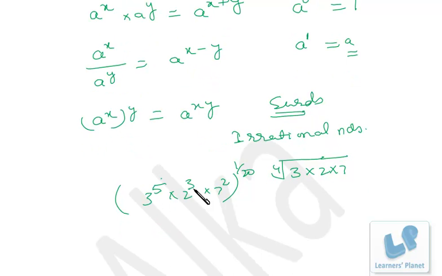If you wish to solve this, finally you'll get 3 raised to 5 into 1 by 20, that is 1 by 4, into 2 raised to 3 by 20, into 7 raised to 2 by 20, that means 1 by 10. So these are fractional powers of numbers, and these are actually surds. When we do the problems based on surds, it will be better cleared in your mind.